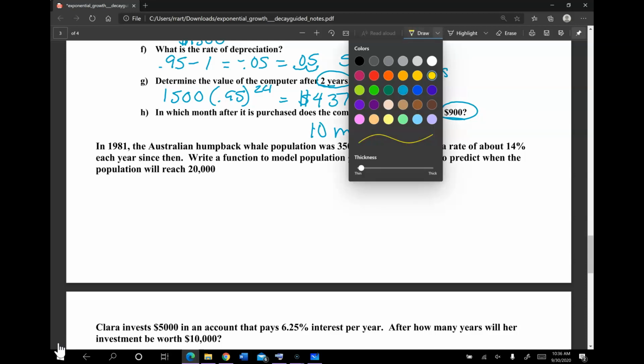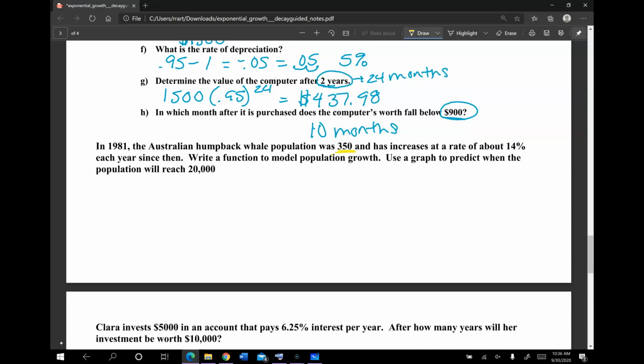Okay, it increased to about 14% each year since then. Write a function to model this growth. Okay, so y equals, it started out with 350. It's growing, so it's 1 plus.